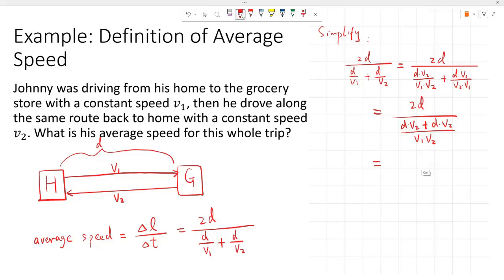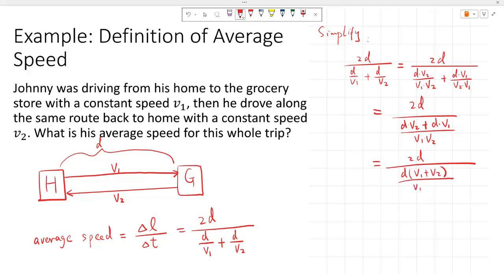So we put 2d over, here we have d factored out, so you have parentheses, v1 plus v2 — sorry, there was a typo before, it should be v1 — because the order doesn't matter for the addition, right?